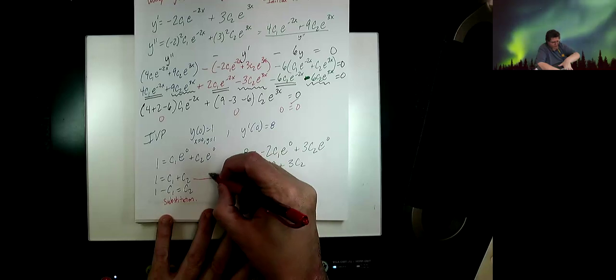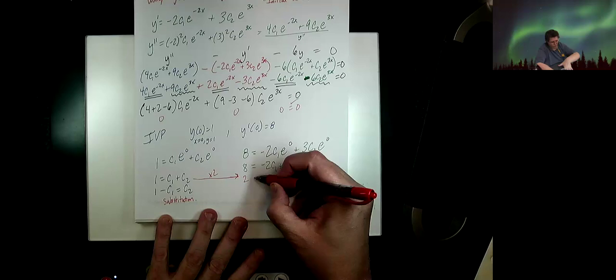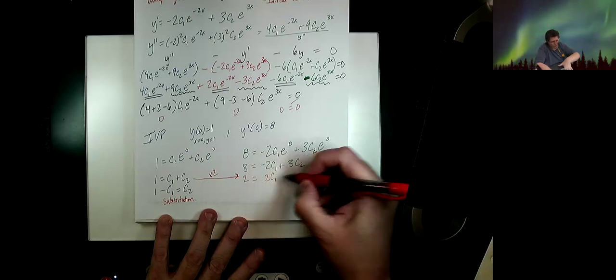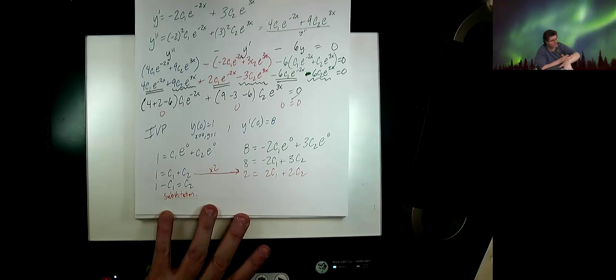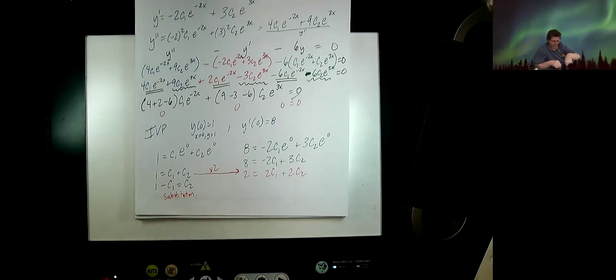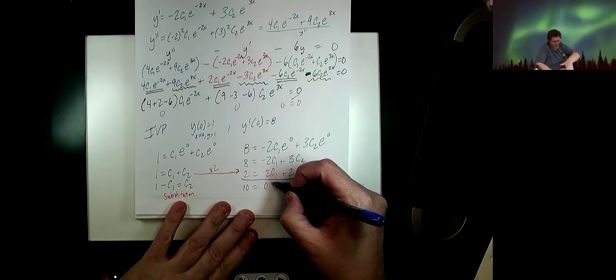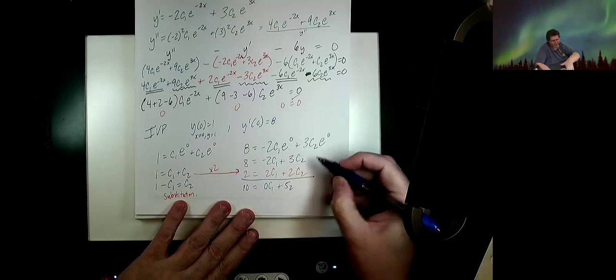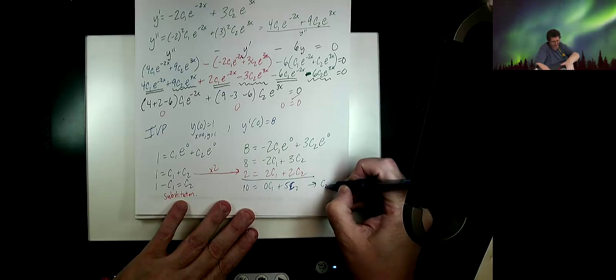If I multiply this by 2, I get 2 equals 2c1 plus 2c2. And I just add vertically. 10 equals 0c1 plus 5c2. And this is going to show us c2 equals 2.